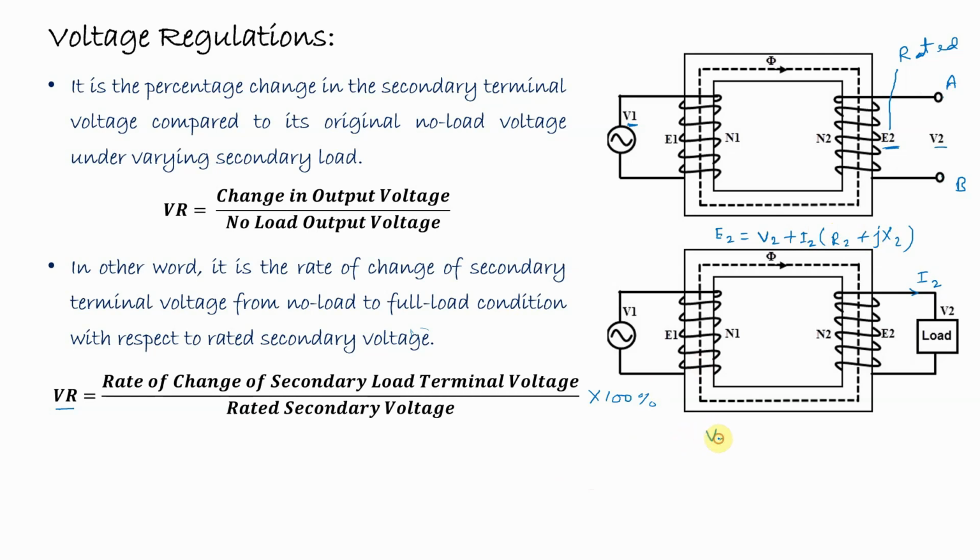So here we can write V2 is equal to E2 minus I2 into (R2 plus jX2). Definitely if the load is increased, I2 will increase, and with the increase of I2, these losses will also increase. As a result, the terminal voltage will be reduced because E2 is constant.